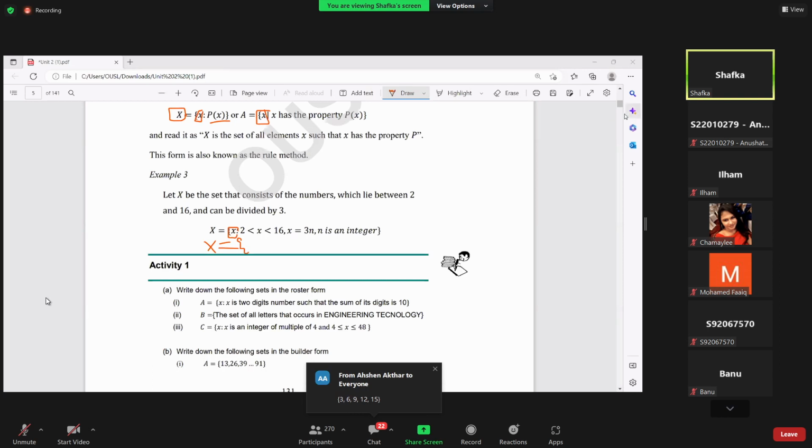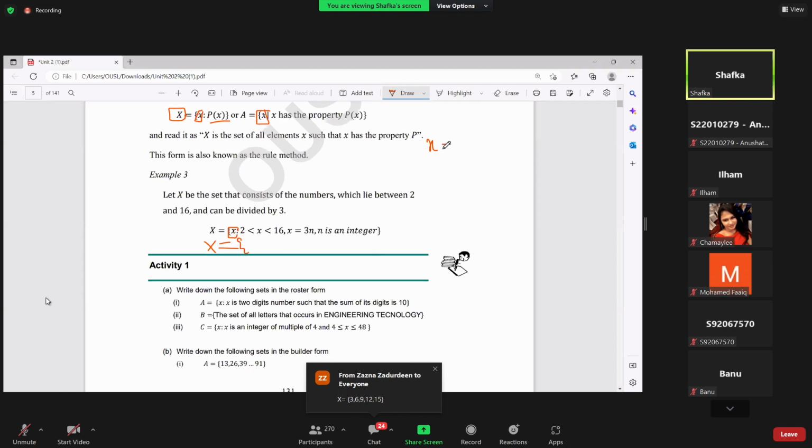If not, you can tell me. Each and every element x exists in a way such that it's a multiple of some integer, but that x should be between 2 and 16.